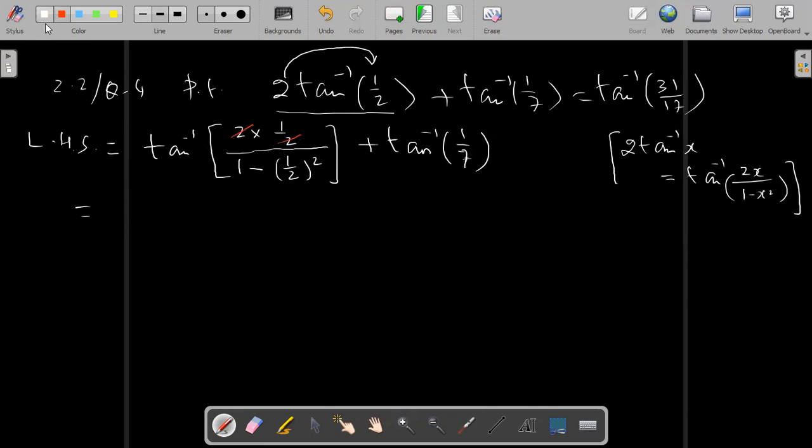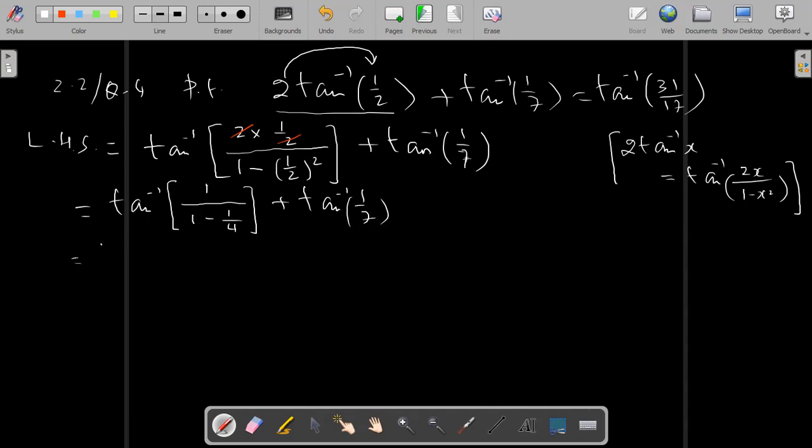We get tan inverse, numerator will become 1, and in the denominator 1 minus 1 by 2 square means 1 minus 1 by 4, plus tan inverse 1 by 7 as it is.